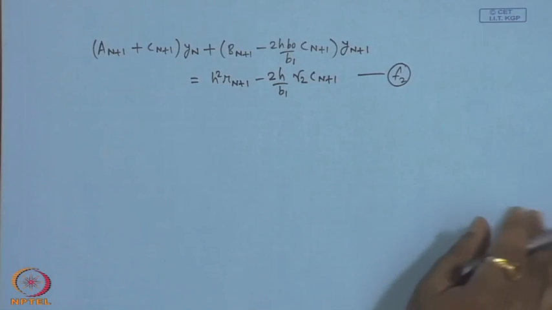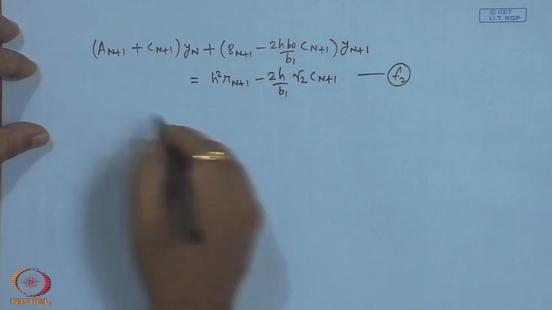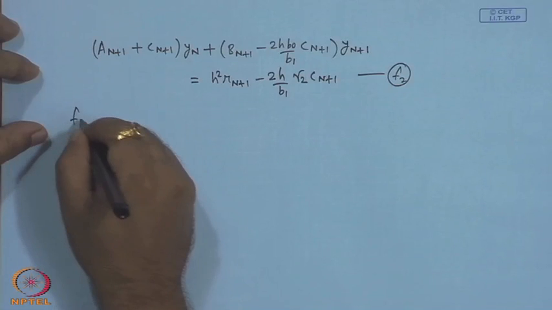So, this will set the scenario with the number of unknowns equal to the number of equations.